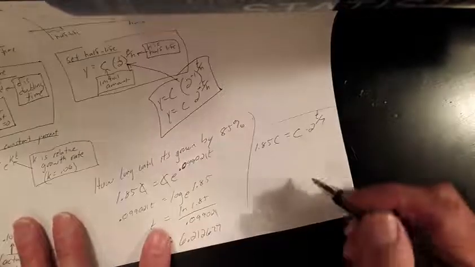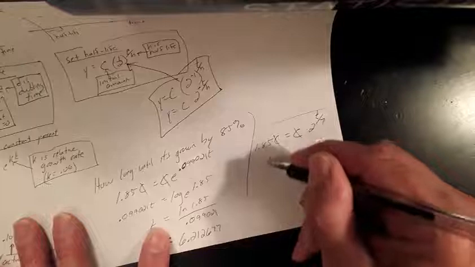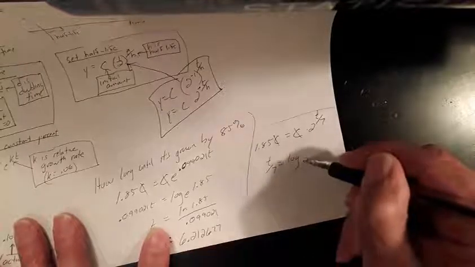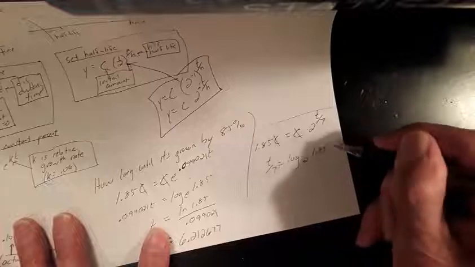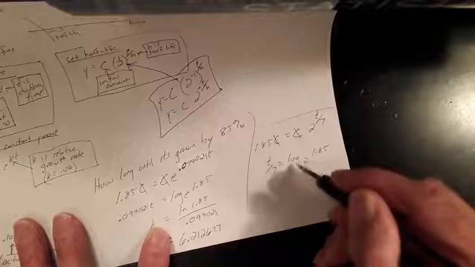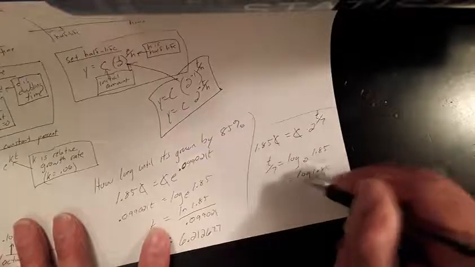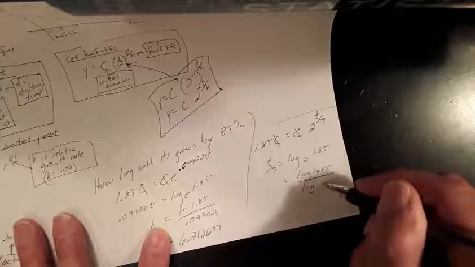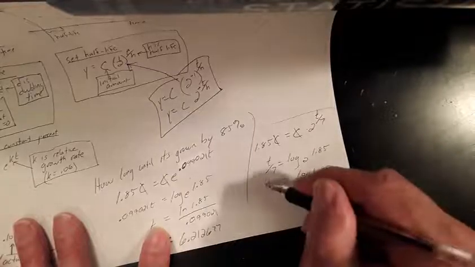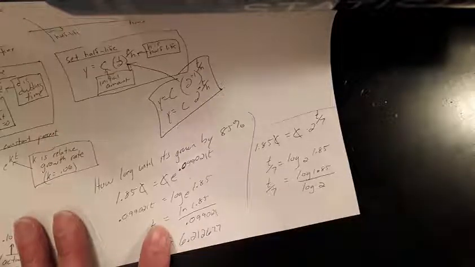So now then, when we divide both sides by C, again, the only way to write the exponent is as a logarithm, but this time it's log base 2 of 1.85. Now you won't be able to do this with your calculator without the change of base formula. It says it's the log of 1.85 over the log of 2. And that's t over 7, the exponent. The exponent has to be written as a logarithm.